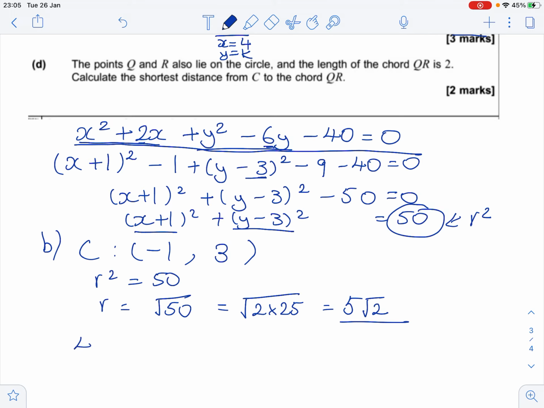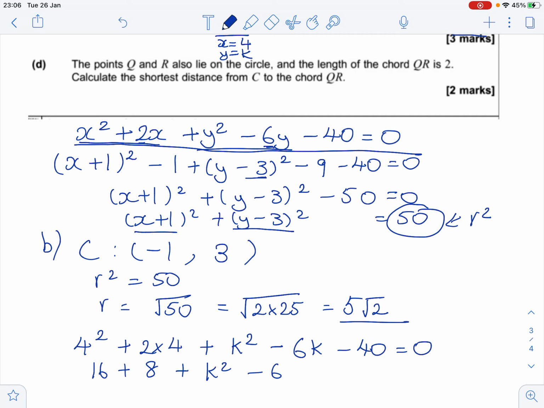So x is 4, squared, plus 2 times 4, plus y is k, squared, minus 6k, minus 40 equals 0. Then just expand. So we have 16 plus 2 times 4, which is 8, plus k squared minus 6k minus 40 equals 0.